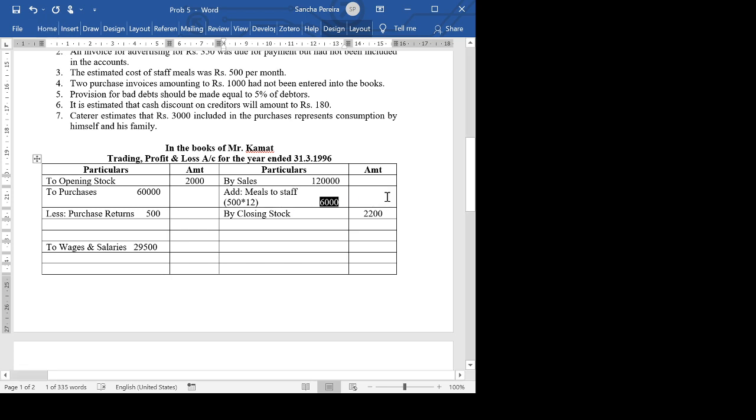This is 1,26,000. And similarly, meals to staff are treated as wages in kind. Add wages in kind 6,000. Yeah, I think that's it. There's nothing else to be added here. This comes to 35,500.